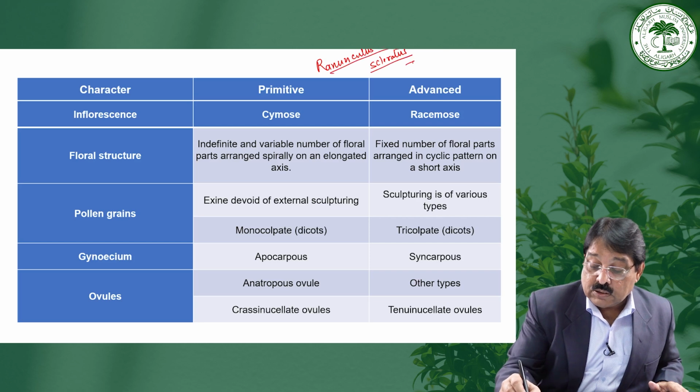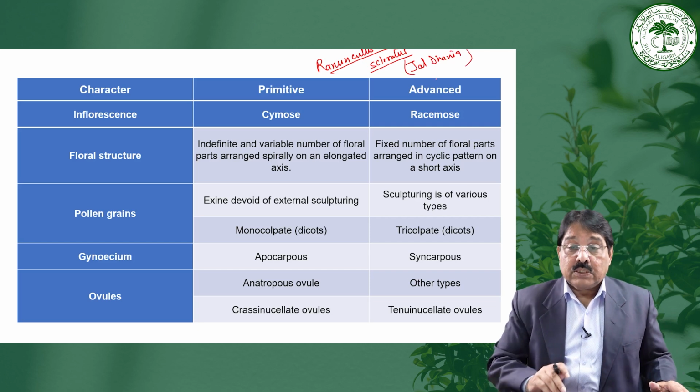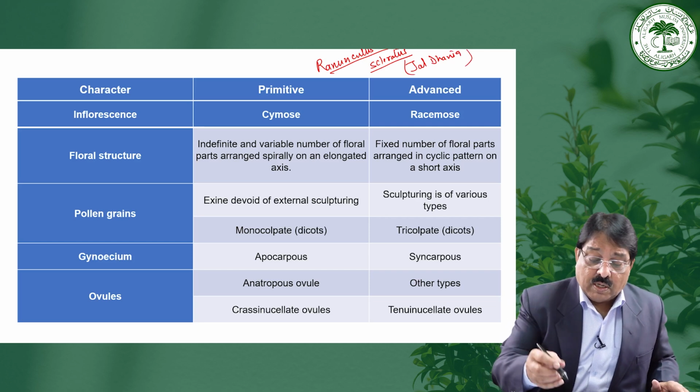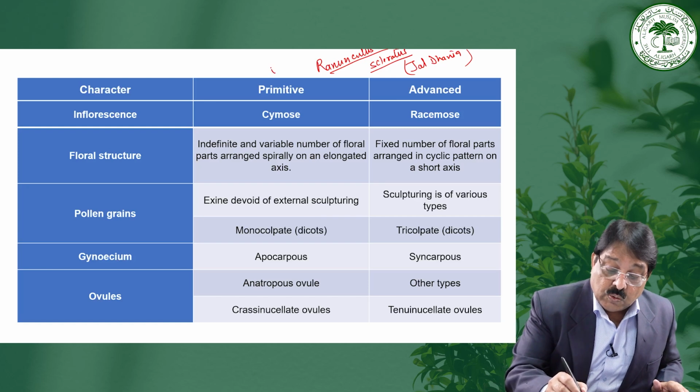It is called jaldhania. It is a member of the Ranunculaceae, and in this case you can find a very clear example of the apocarpous condition. Here a torus is formed by the thalamus, and in this torus all the carpels are arranged like that.